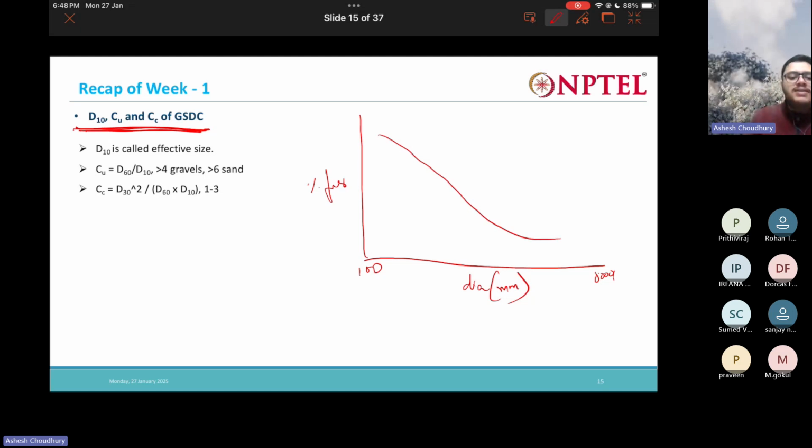Now, how can we find whether our soil mass is a well graded soil, poorly graded soil, or gap graded soil? This is done with the help of these quantities: the D10 size, Cu and Cc.